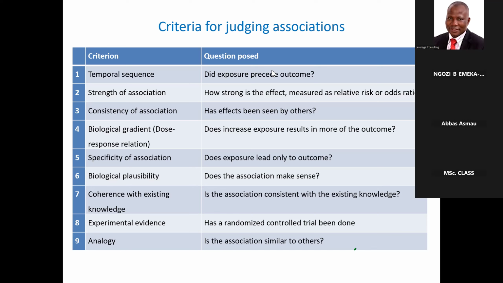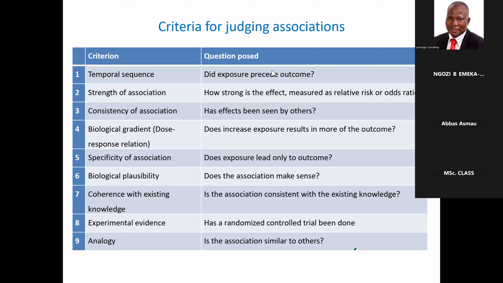In fact, they rejected it and said forget that nonsense. But later, it was found to be true. So sometimes it may not be coherent with existing knowledge. That is why it's not so important, though it's part of what you use to check also. Is it coherent with existing knowledge?